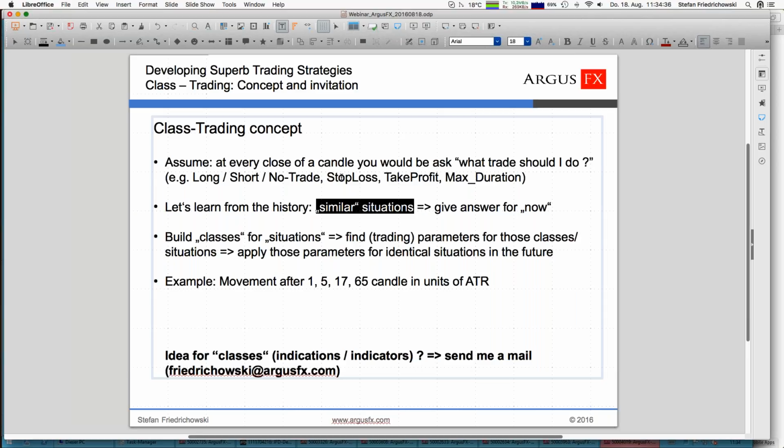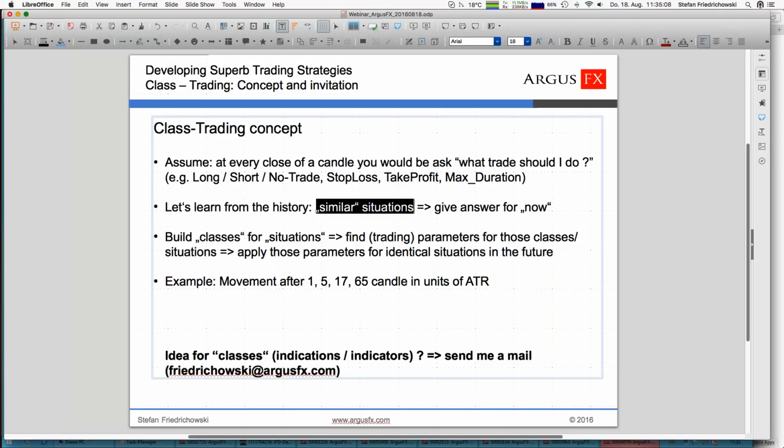Let me show you one example of what I mean with classes and similar situations. In this case, the concept is that we look for the movement after 1, 5, 17 and 64 candles. So the movement after one is simply the close-to-close difference between those two prices.